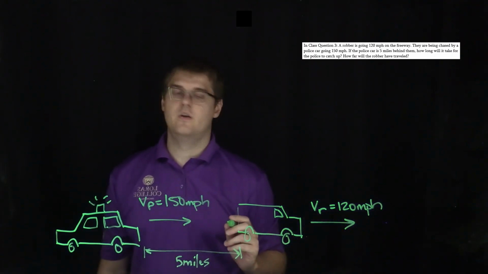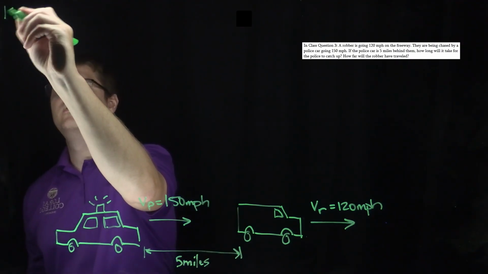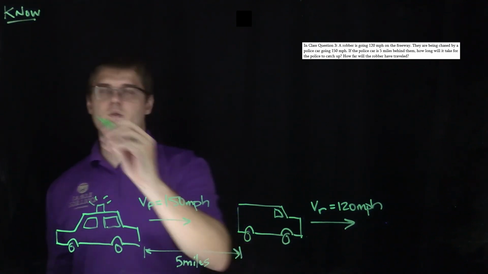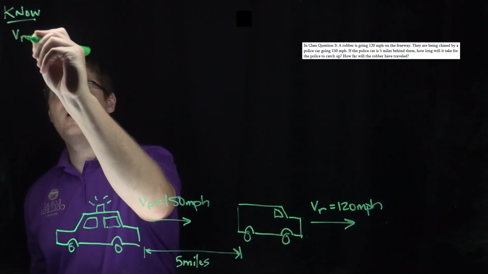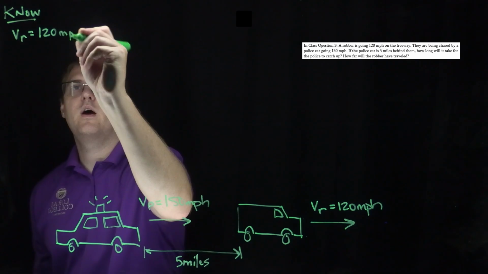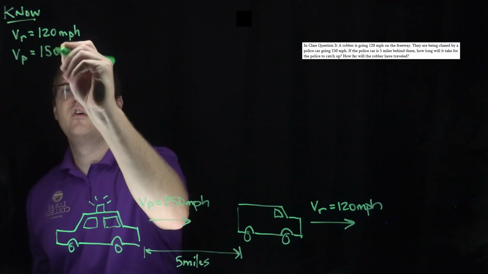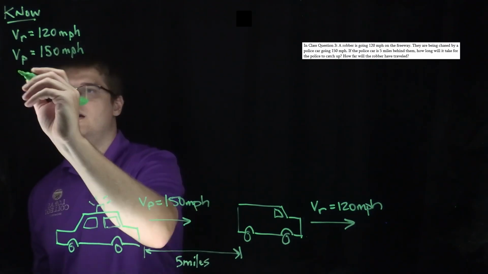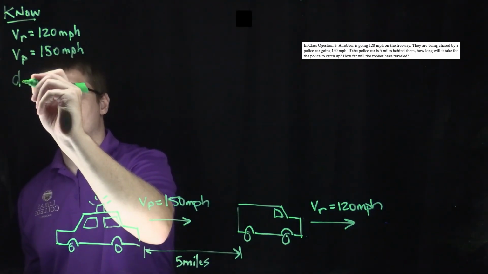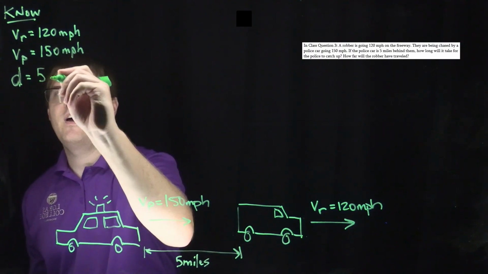So with this, we're going to start again. We want to have what we know. We know that velocity of the robber is 120 miles per hour. Velocity of our police car is 150 miles per hour. And our, we're going to call it a D, our distance between the two is 5 miles.